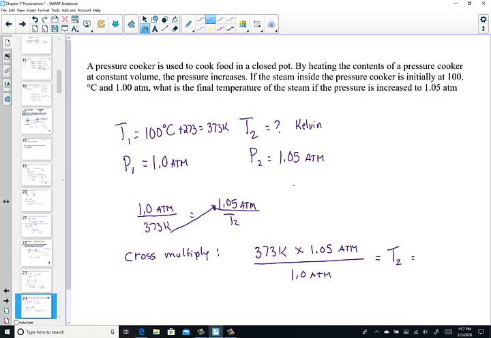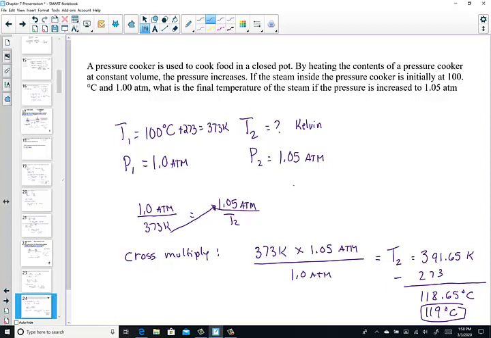Now when we get this answer, 391.65, that's my Kelvin unit. To go back to the Celsius answer, subtract 273, and we get 118.65 degrees Celsius, but we're only allowed 3 sig figs, so I'll put that as 119 degrees Celsius.